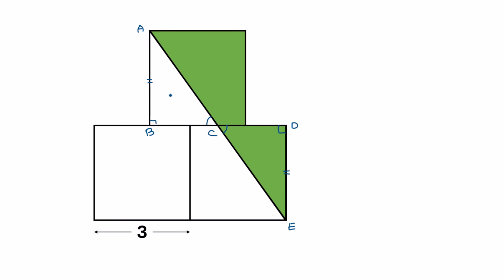Consider this area is A, so this area is also A. And if this area is B, we have to find the area of B plus A. And as this is the same as this, the area of A plus B is equal to the area of this square.